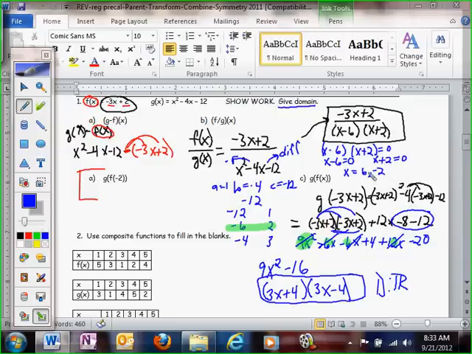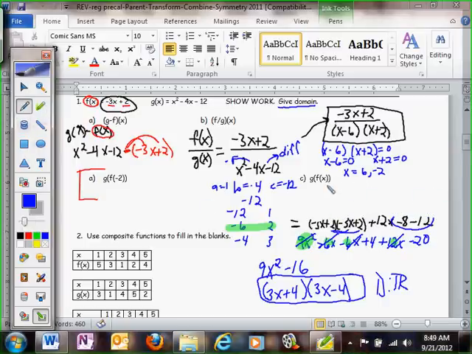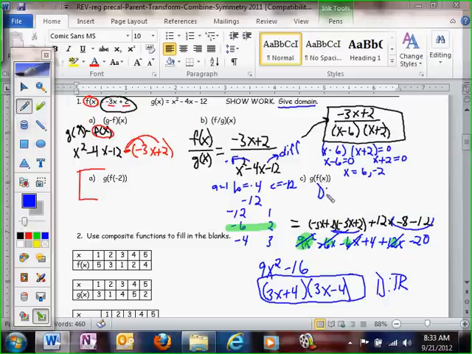And so how I write that is, let me give myself a little room. How I write that is, the domain, if I'm looking on the number line first of all, look right here. Maybe this will help you with the people that are struggling with this. I have two numbers that x can't be. I have -2 and I have +6.